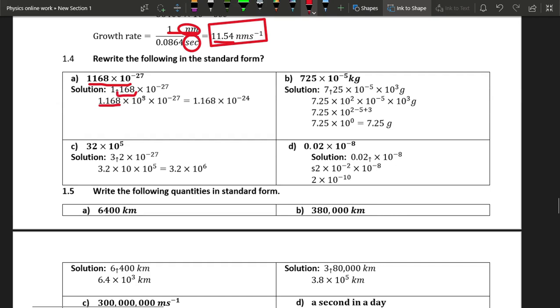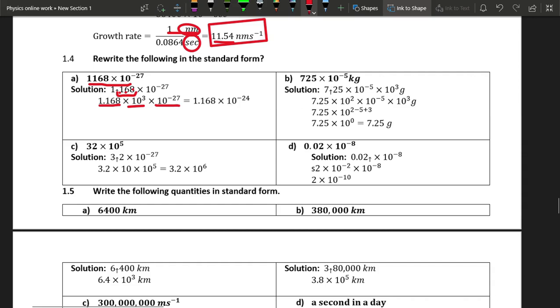Now how many places do we move? 1, 2, 3. So it will be 10 raised to power 3 into 10 raised to power minus 27. Now as bases are same, powers are added, so 3 minus 27 is minus 24. So it will be 1.168 into 10 raised to power minus 24.